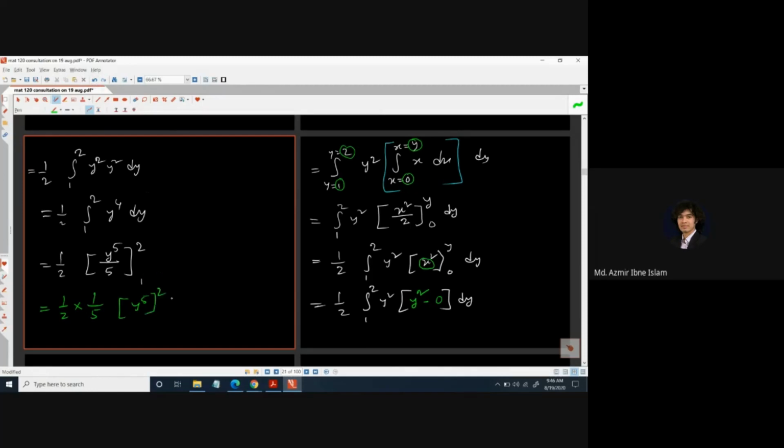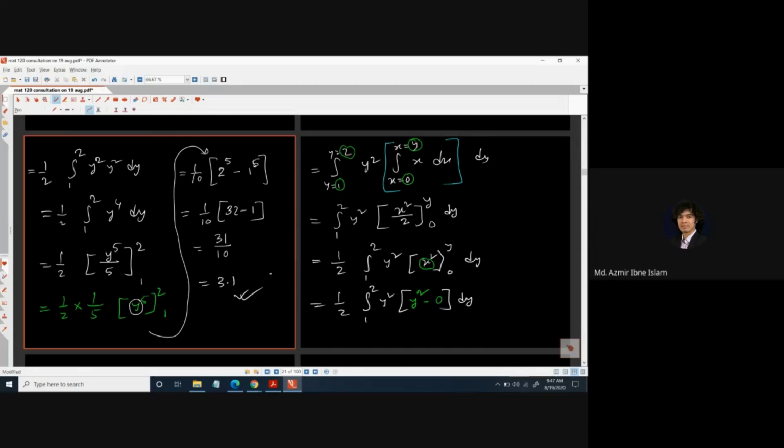Be careful, we have to input the upper limit where we have y, and the lower limit where we have y. So we are getting 1 by 10, then 2 power 5 minus 1 power 5. 1 by 10, it is 32 minus 1. So we are getting 31 over 10, that means 3.1 is the result.